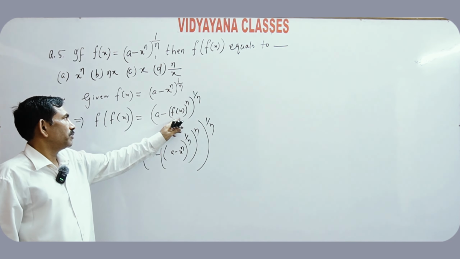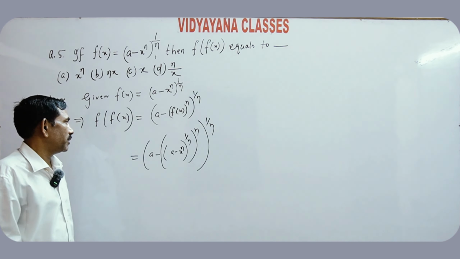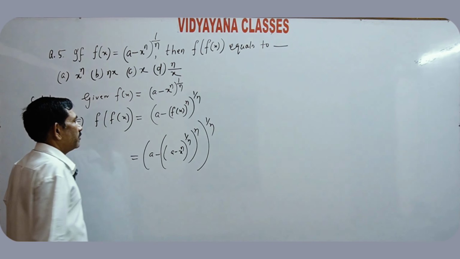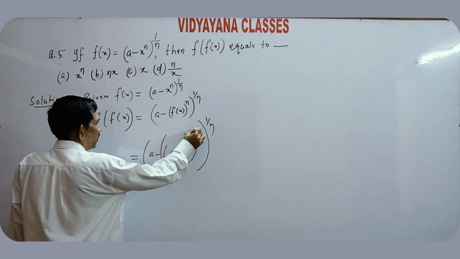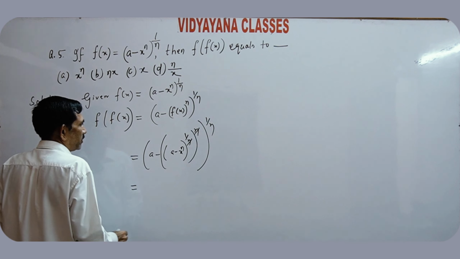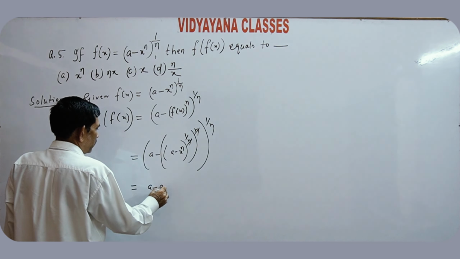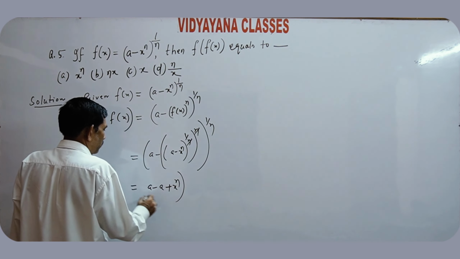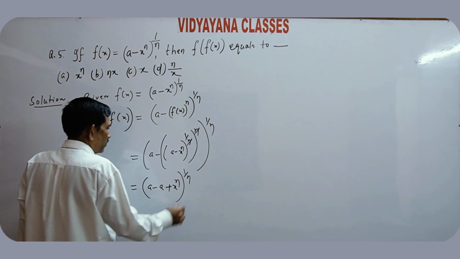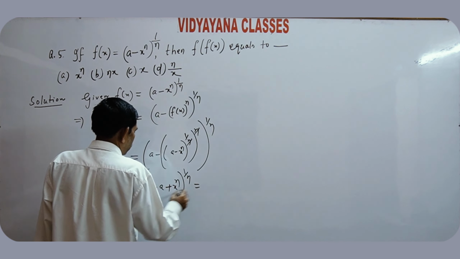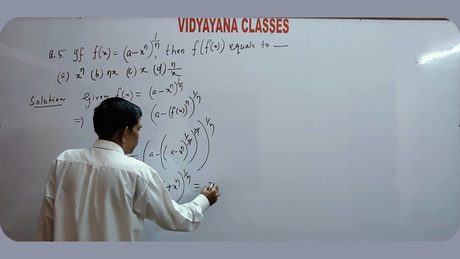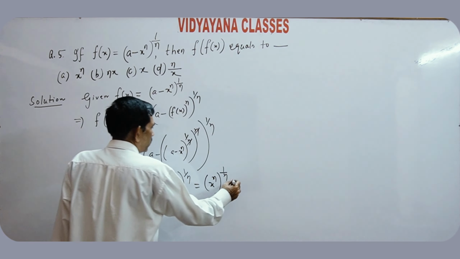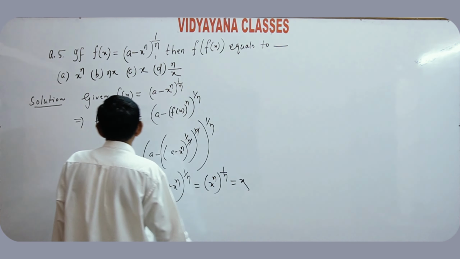It is fx to the power n. n cancels, which gives a minus of a plus x to the power n whole to the power 1 by n, which is same as x to the power n whole to the power 1 by n, which is equal to x.